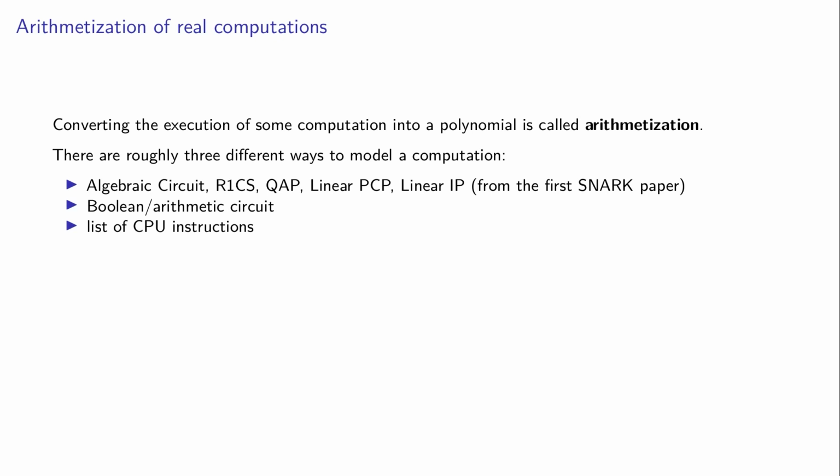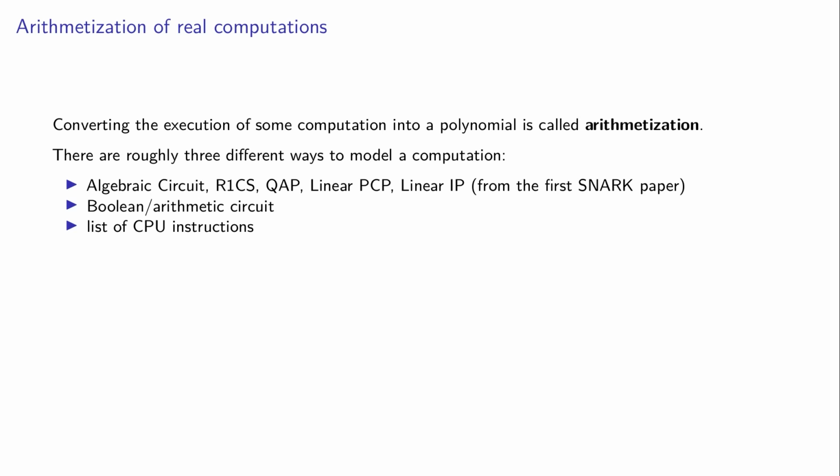So you may think that being able to create a polynomial for some recurrence relation isn't actually very useful. So to convince you of real applications, we are going to talk about converting any kind of computation into a polynomial. And this process is called arithmetization. There are many techniques and many variations, but roughly speaking, there are 3 different ways to model a computation.